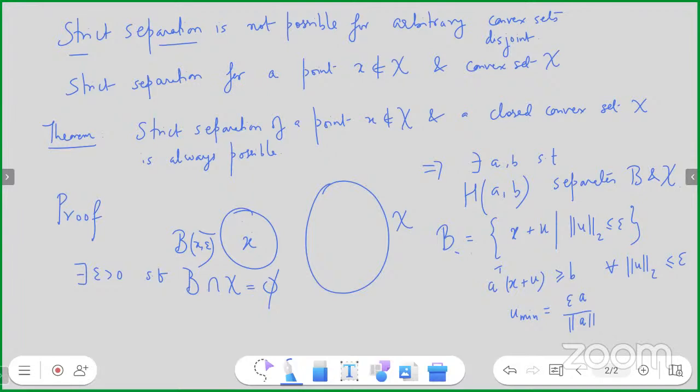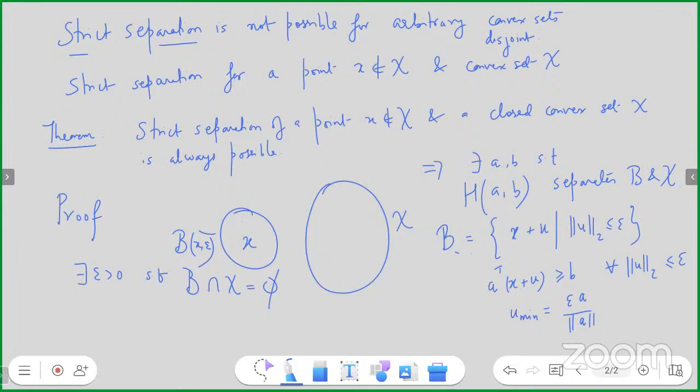You have to argue that by your choice it doesn't touch X, because if you push too much, you might touch X. So you have to argue that it doesn't touch X, and at the same time it is also strictly separating the set chi.